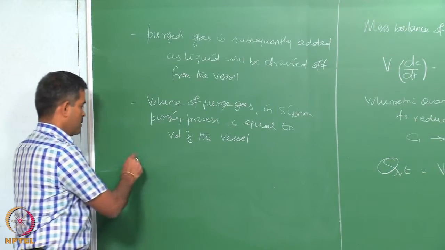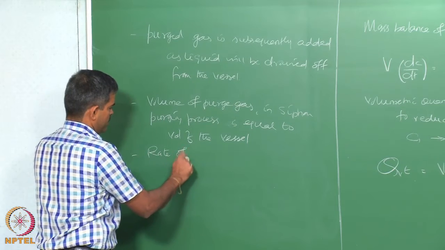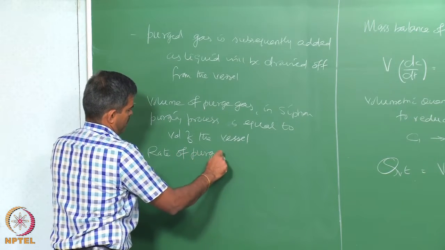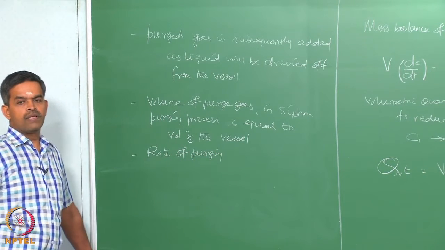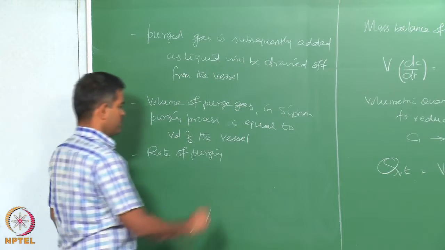Therefore, the rate of purging is equivalent to the volumetric rate of liquid discharge.